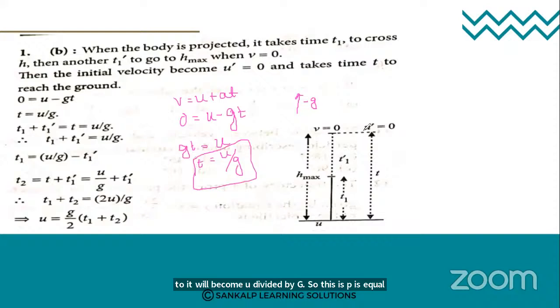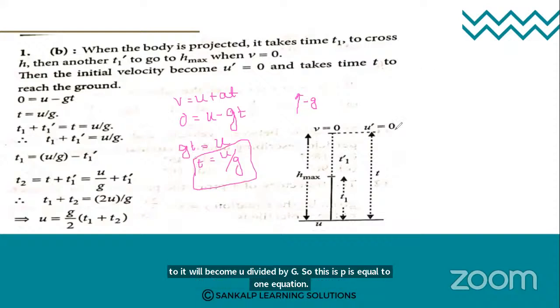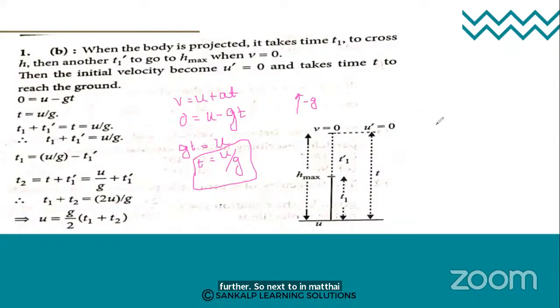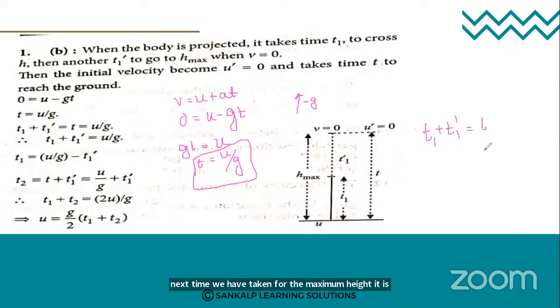Further, here the total time is how much? First the time is t1, then the time taken to reach the maximum height is t1 dash. That total time is denoted as t. Just now we calculated that it is u divided by g. Therefore t1 plus t1 dash is equal to u divided by g.